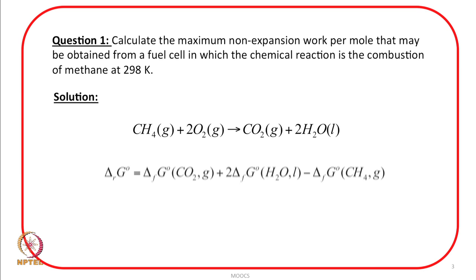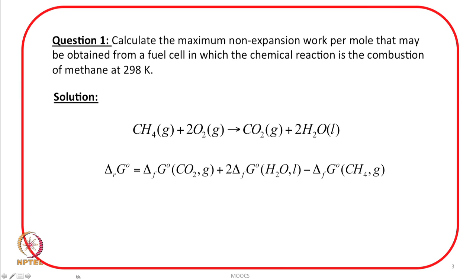Once I have this, then I can use this expression that the reaction Gibbs energy is equal to free energy of formation of carbon dioxide, plus 2 moles of water are being formed, so twice free energy of formation of water liquid, minus free energy of formation of methane gas, and for oxygen we will put a value of 0.